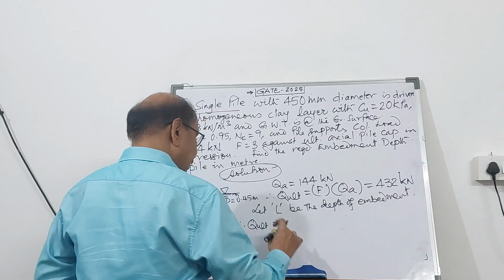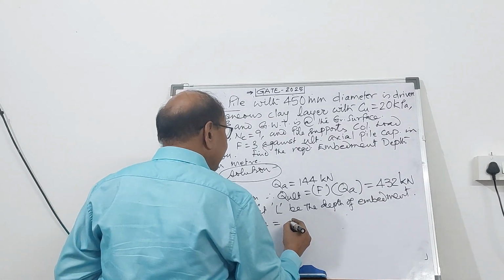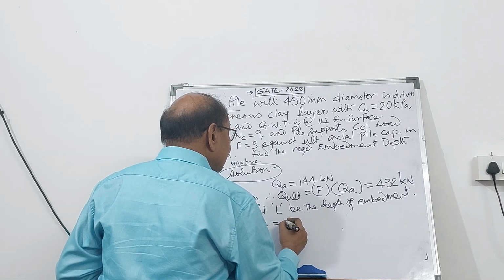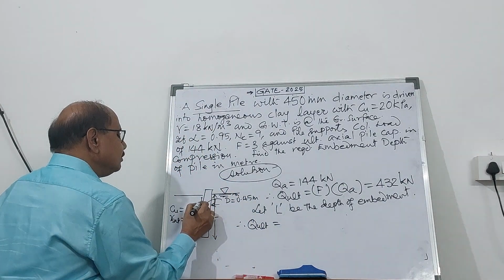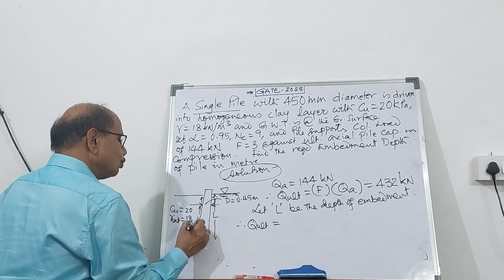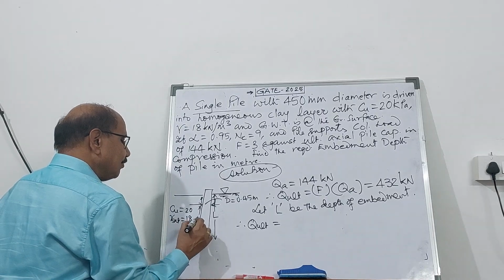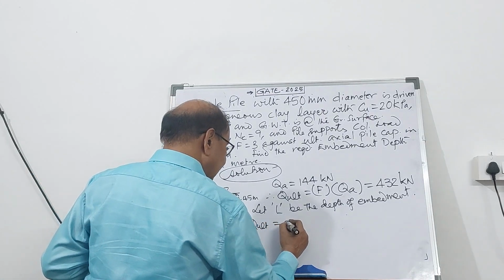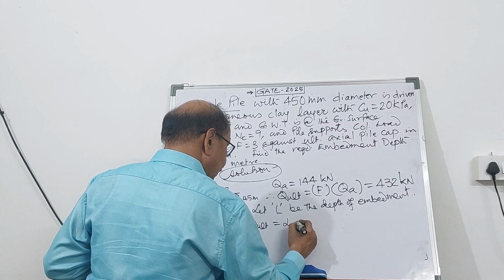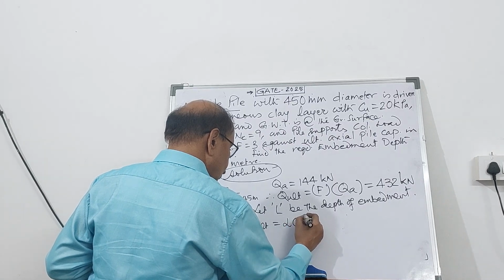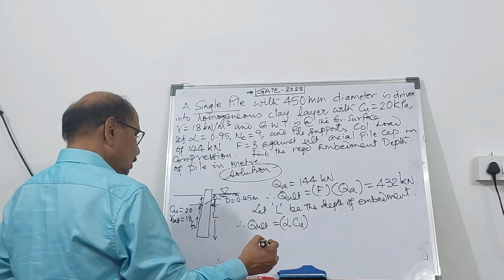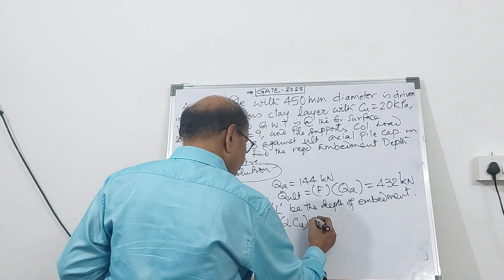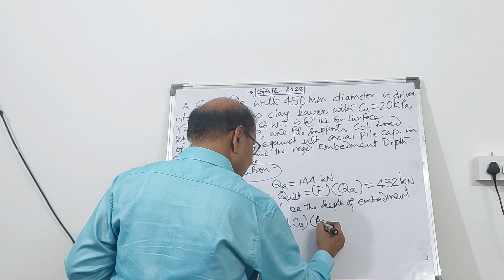For a single pile, it is the skin friction which is going to operate, Fs equal to alpha times Cu. So alpha times Cu, the skin friction, is acting over the shaft area.